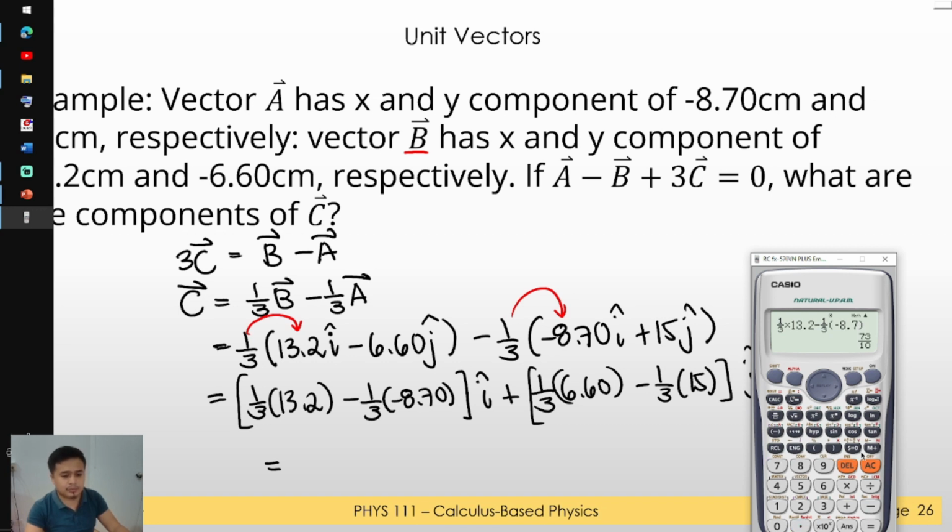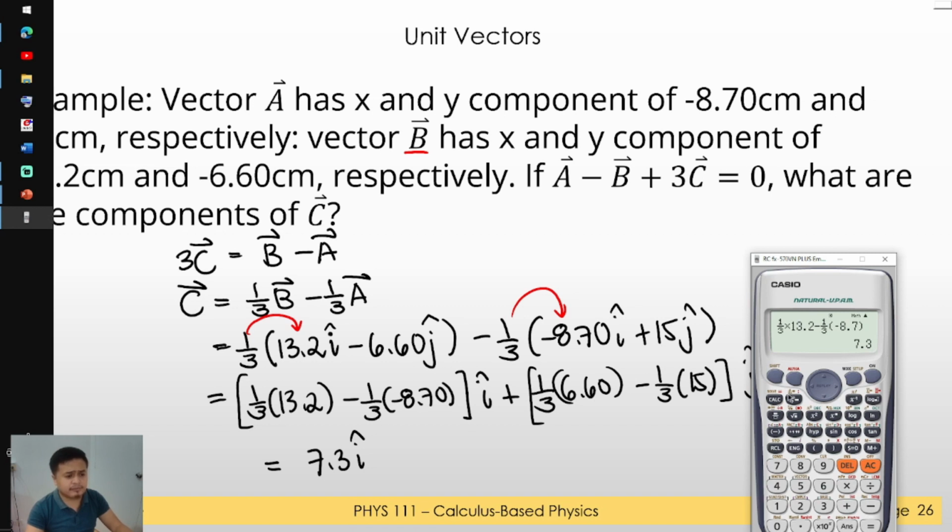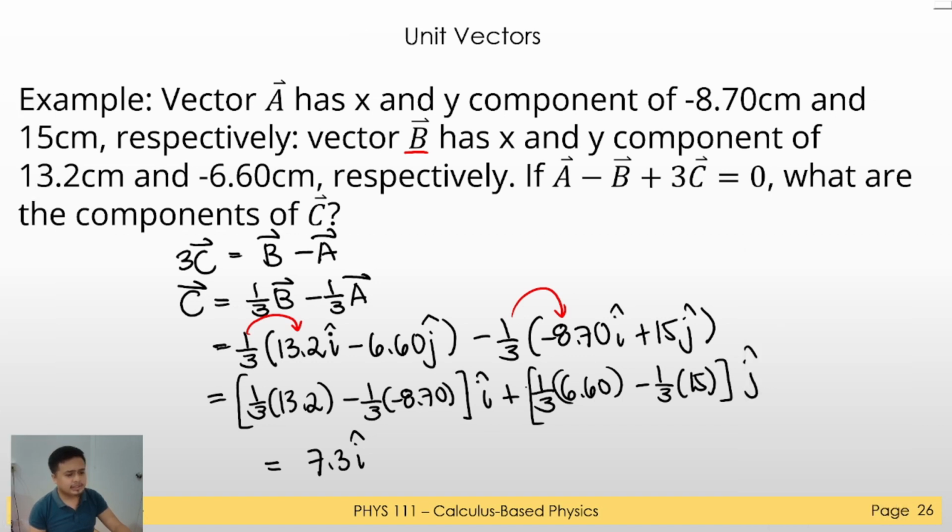Okay, so this will be our x component, 7.3 I hat. And then for the y component, I think I will just change this one. Is this negative? This is supposed to be negative, right? So I will put negative here. Sorry guys.